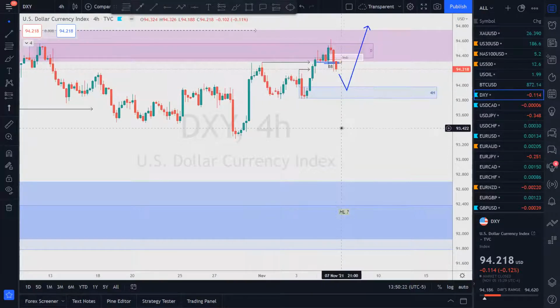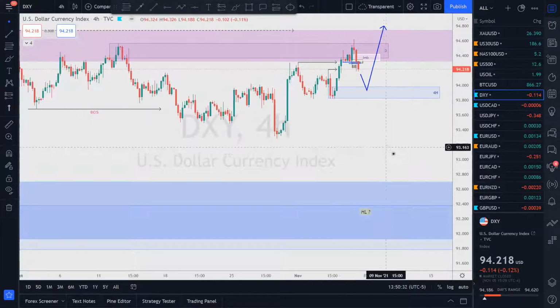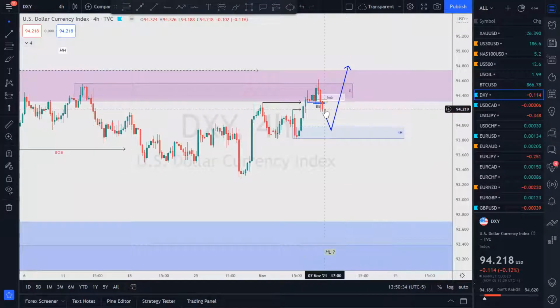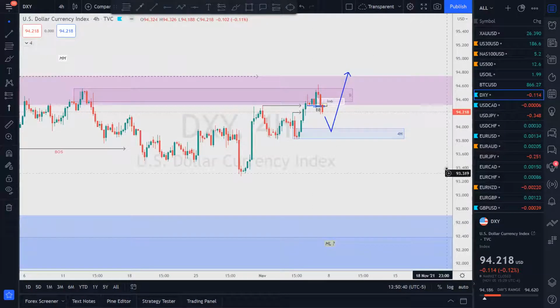I'm bullish overall on the Dixie, but while it's pulling down, the indices are going to be going up, of course. And once it turns around, we'll see. We'll measure it off.